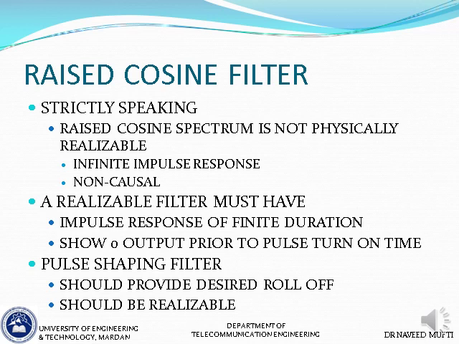अगर हम वो rectangular sense में ले, because it gives infinite impulse response and it is non-causal. It starts from minus infinity and goes to plus infinity, so it's non-causal. Whereas a realizable filter must have an impulse response of finite duration, and it must show zero output prior to pulse turn on time, which is not the case here.